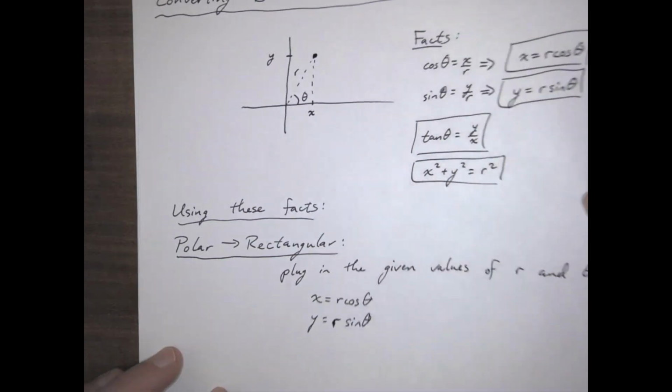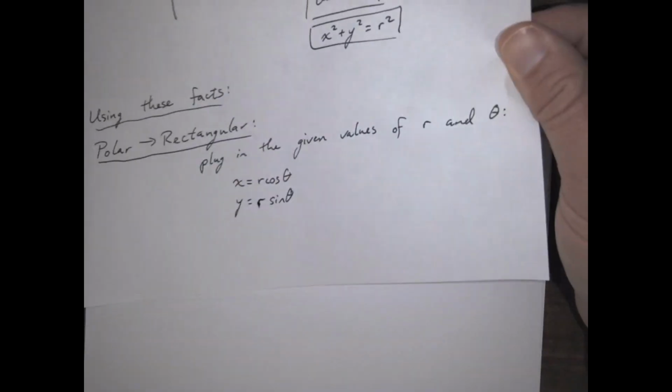So that's actually going to be relatively straightforward. It's the other direction, though, that'll be a little bit less straightforward. So that's polar to rectangular, or polar to Cartesian. And then the other direction is rectangular to polar.